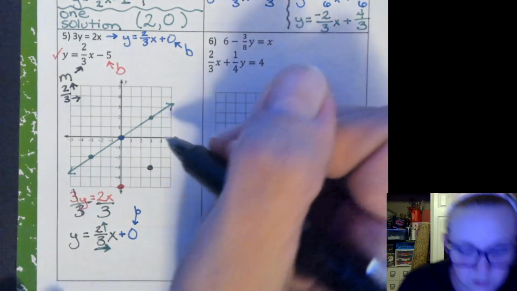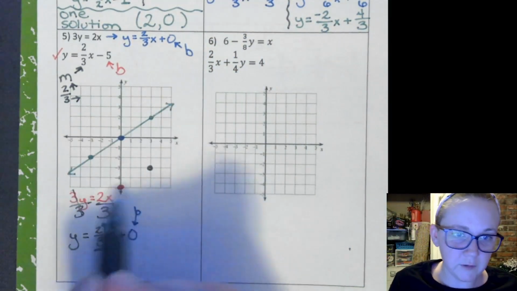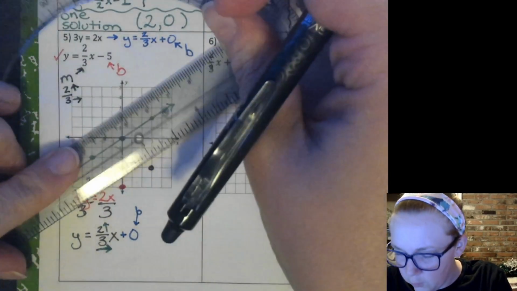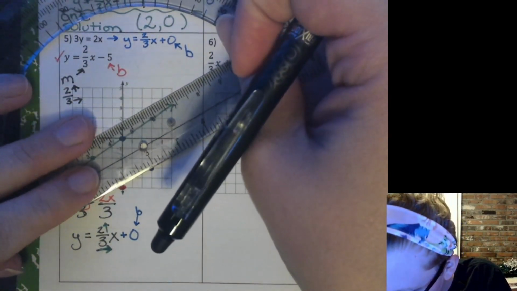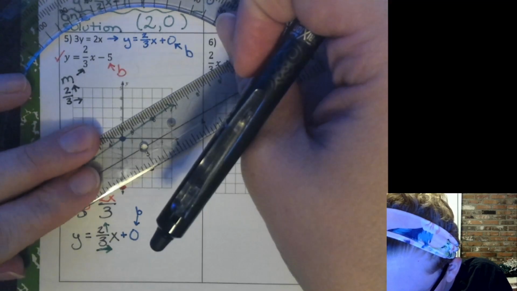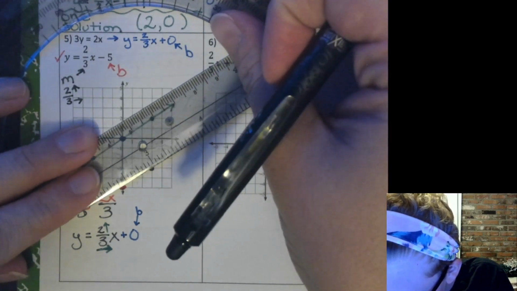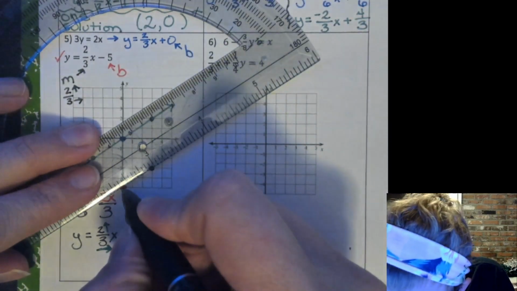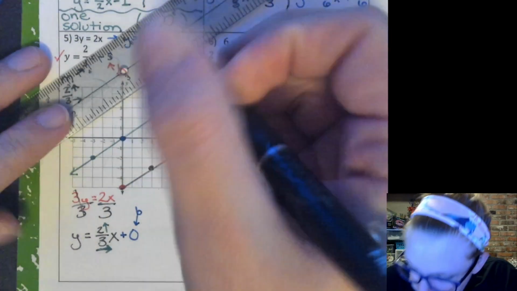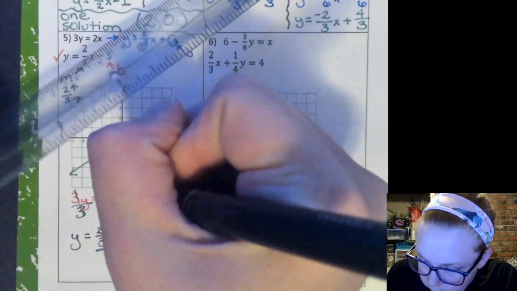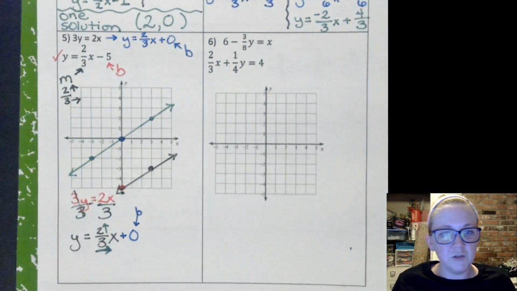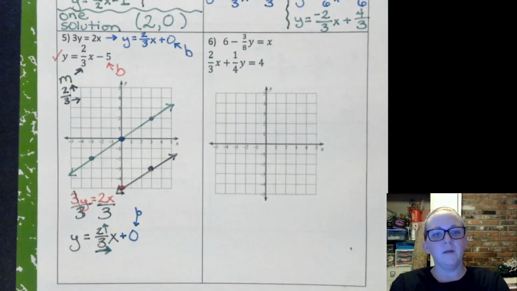Oh, it doesn't fit, and I can't go backwards because I'll be off the graph. So we only get 2 whole dots. You should get something that kind of looks like that.